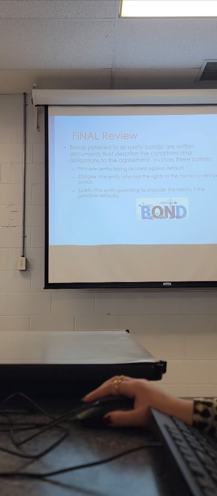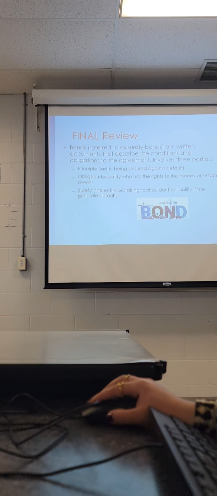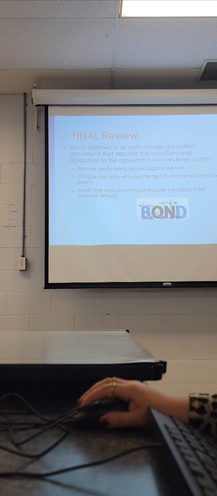So we talked about surety bonds. The bid bond is strictly for the submission. The other bond is for the project, and it protects the owner, it protects the contractor, and the bank that's supplying the funds to get through this project.